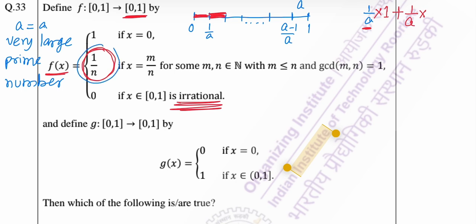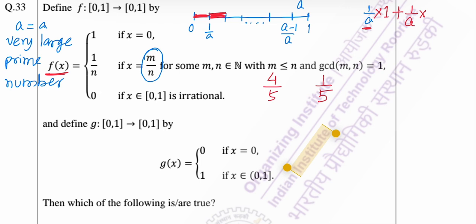I show you in blue enclosure. This is 1 by n, for x equal to m by n, and since we have taken a to be a very large prime number, whatever be the rational number, suppose it is 4 by 5, then we take 1 by 5 as the value of function f(x).